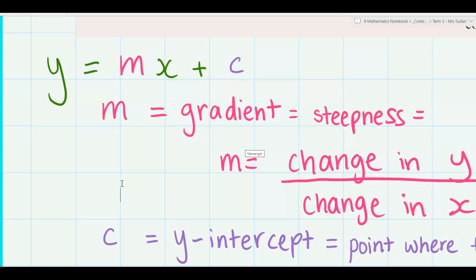Very, very related. C is the y-intercept. Show me your y-axis with your arms, please. Y-axis. Good. It should be a straight vertical line.